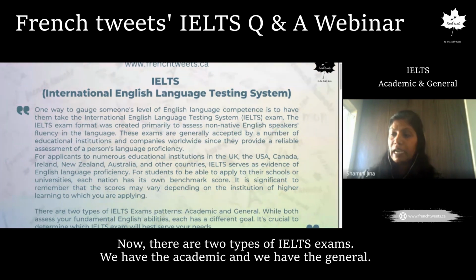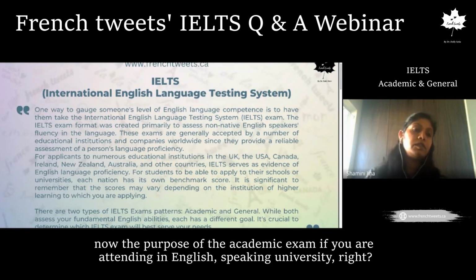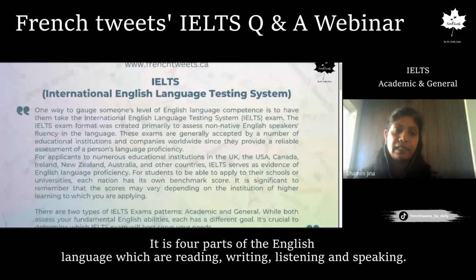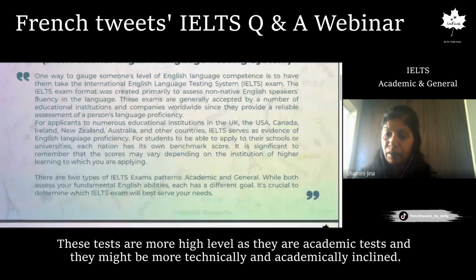Now, there are two types of IELTS exams. We have the academic and we have the general. Now, the purpose of the academic exam is, if you are attending an English-speaking university, right? It tests 4 parts of the English language, which is reading, writing, listening, and speaking.